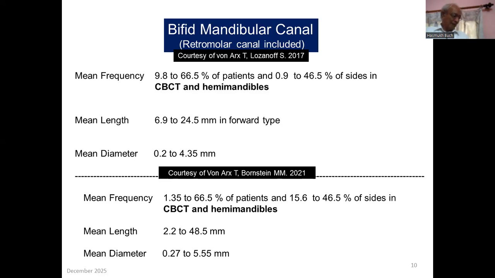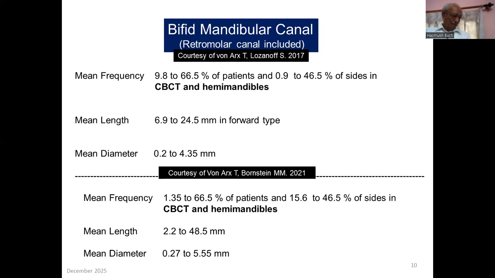Mean length is 6.9 to 24.5 millimeter in forward type. We'll discuss the types after some time. Mean diameter 0.2 to 4.35 millimeter. So sometimes they are very long, sometimes they are very wide.